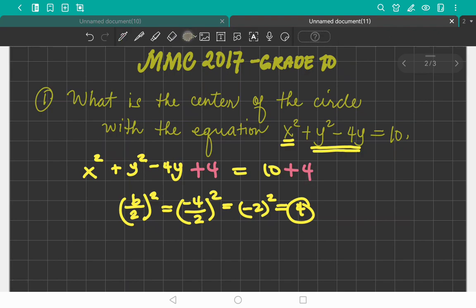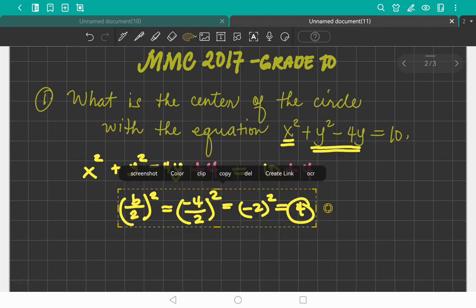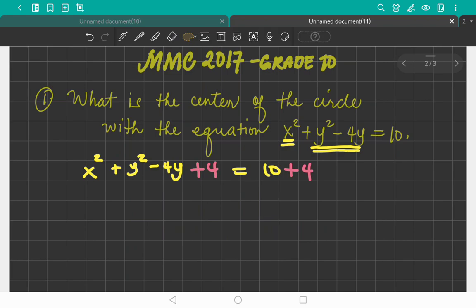Alright, so let's continue. Since we already completed the square for the middle term for variable y, we will proceed now to factoring the left hand side and then simplifying the right hand side. For x squared, we just copy this, and then for this particular term, we need to factor it out.